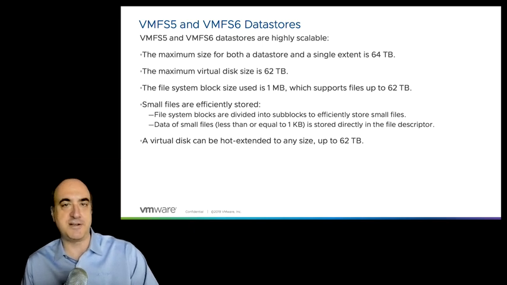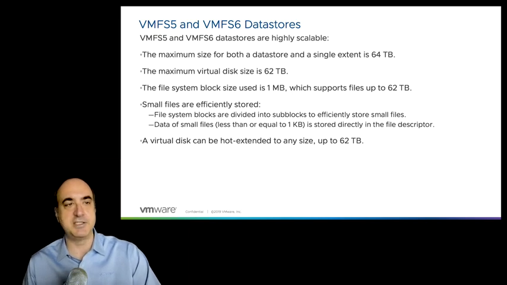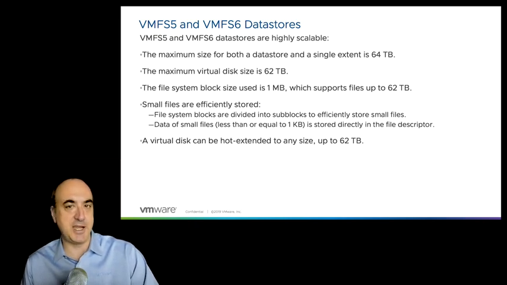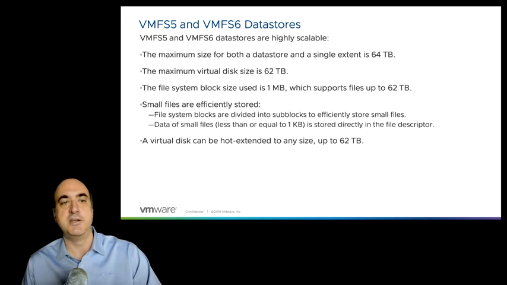Also, the largest file size is 62 terabytes. Your virtual disks, of course, would be the largest size, being 62 terabytes. Now, also worth noting, the file system block size is 1 megabyte, supporting our files up to those 62 terabytes. And in order to prevent wasted space, those 1 megabyte blocks can also be broken into what are called subblocks to efficiently store lots and lots of little small files.